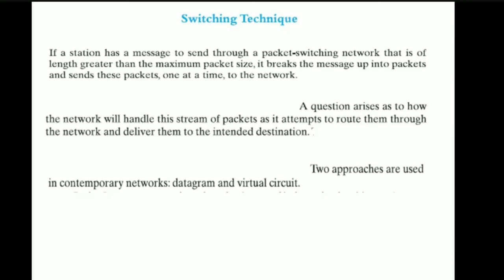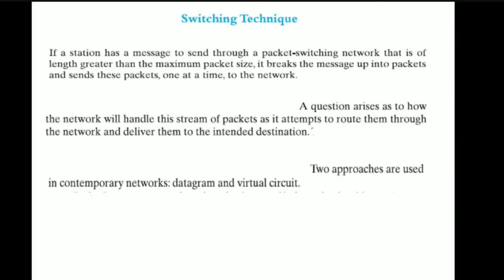One question here is how the network is going to handle the stream of packets. The source is going to send a stream of packets to the destination. When the source wants to send this stream of packets to the destination, how will the network handle it?